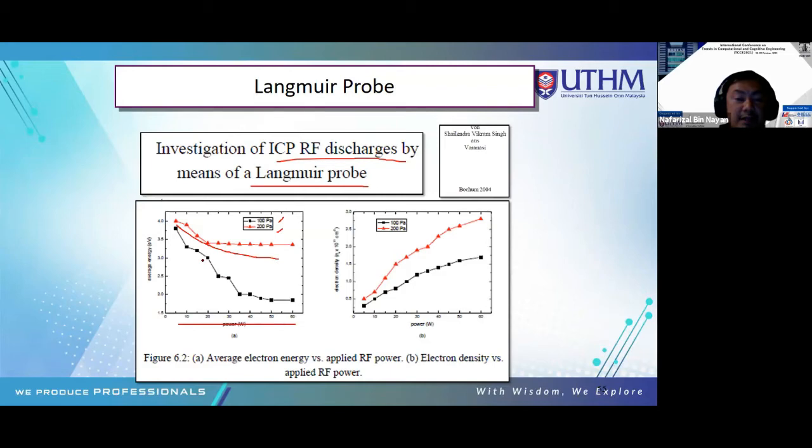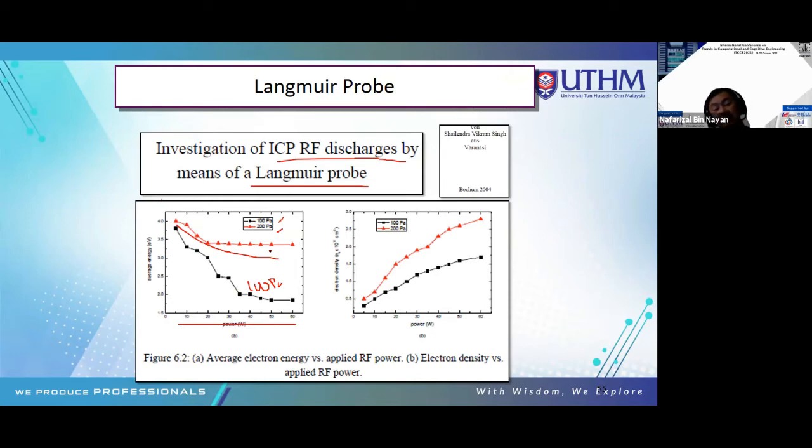It's much more critical at 100 Pascal. The decrease of the average energy is much more drastic for a low pressure. At a high pressure, the energy decrease is not very drastic.